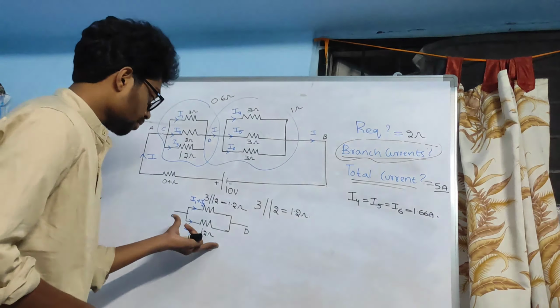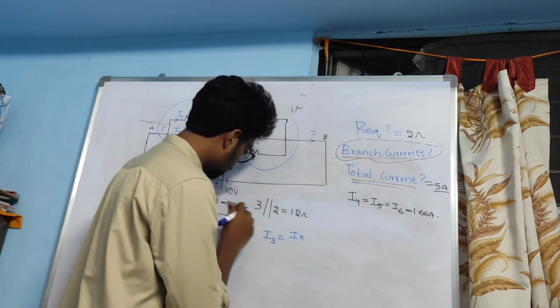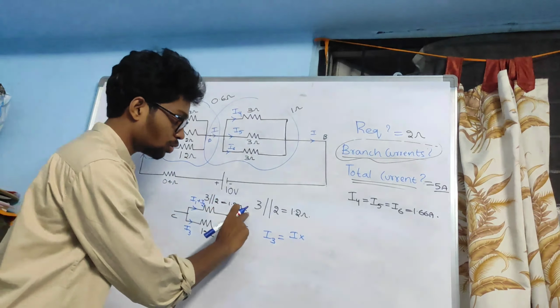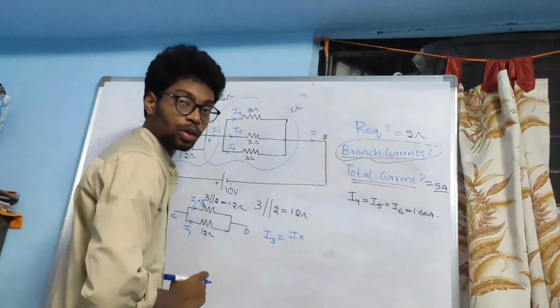Okay. For finding I3, we know by the current division rule, I3 equal to total current into opposite branch resistance, that is 3 ohm and 2 ohm connected in parallel, so 1.2 ohms divided by sum of two resistances, 1.2 ohms plus 1.2 ohms, you will get 2.4 ohms.